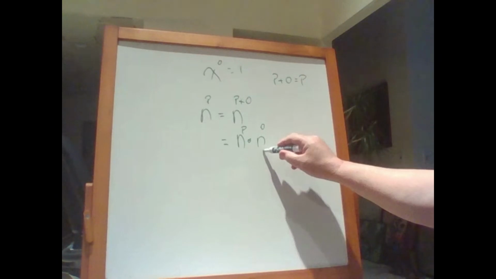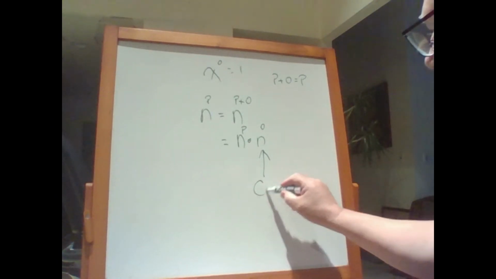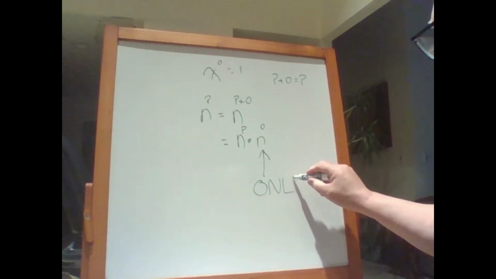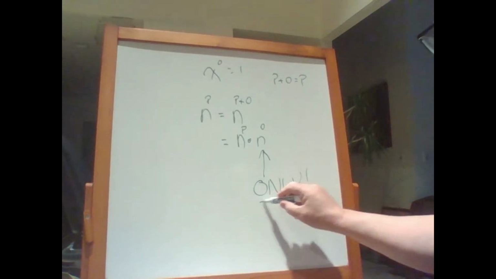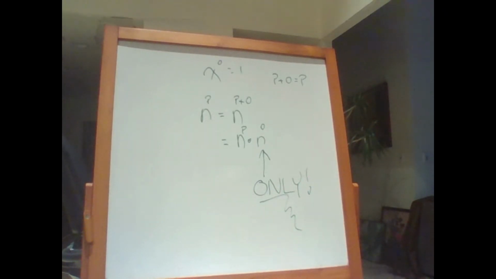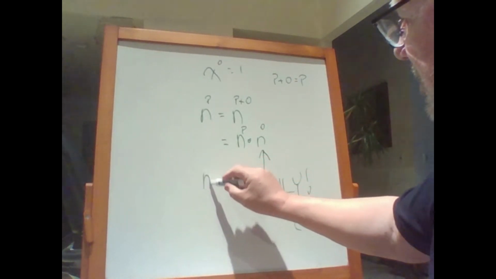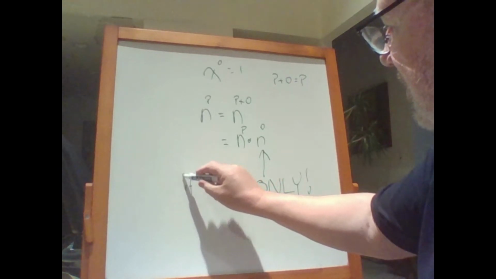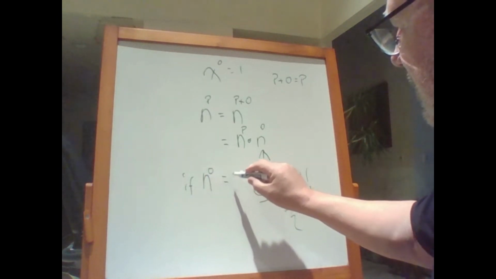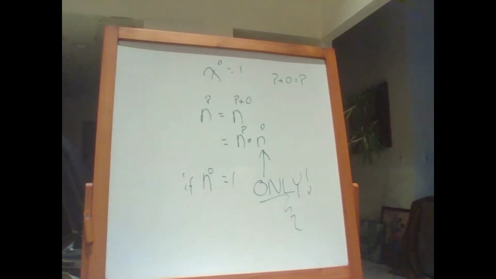And this only makes sense if n to the 0 is 1. So there you have it. That's the way we demonstrate that n to the 0th power is equal to 1.